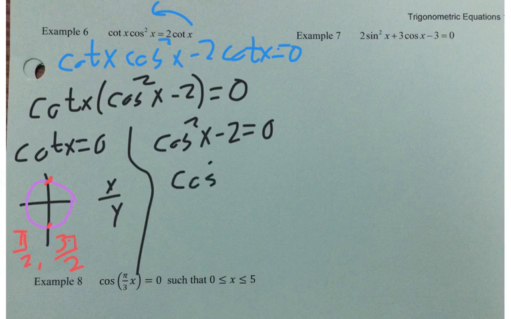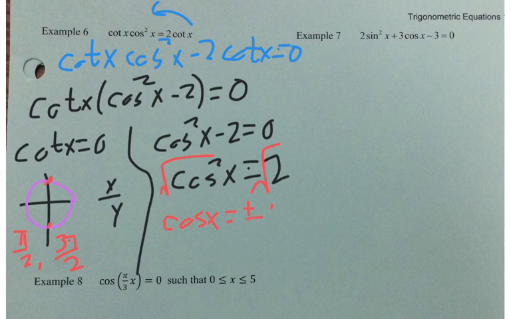Okay, here if I solve cosine squared of x equals 2. Cosine's not by itself yet because it's being squared, so I have to take a square root. So I chose to take a square root, plus or minus.